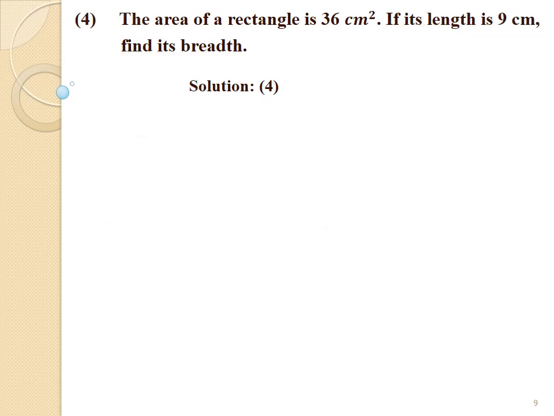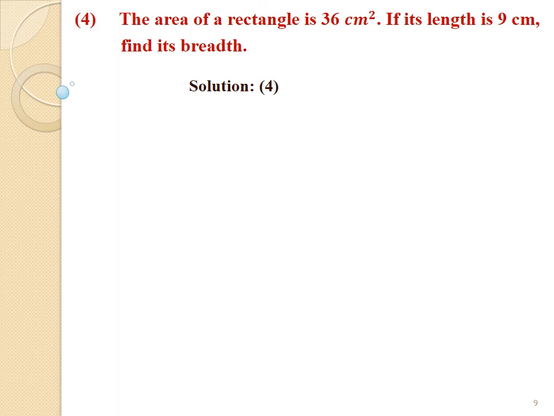Now, sum number 4. The area of a rectangle is 36 square centimeters if its length is 9 centimeters. Find its breadth. Students, in this question, we have to find out the breadth of a rectangle and we have been given area and length of a rectangle.